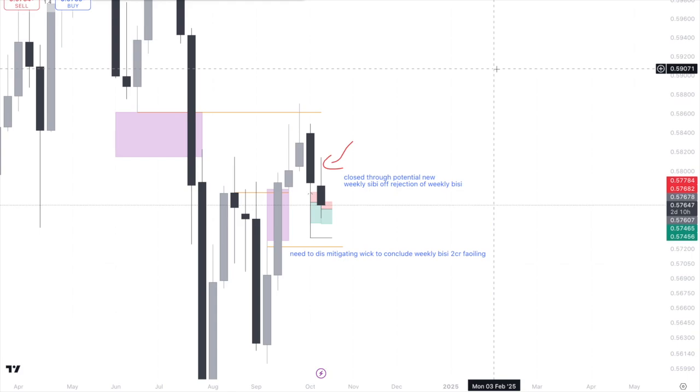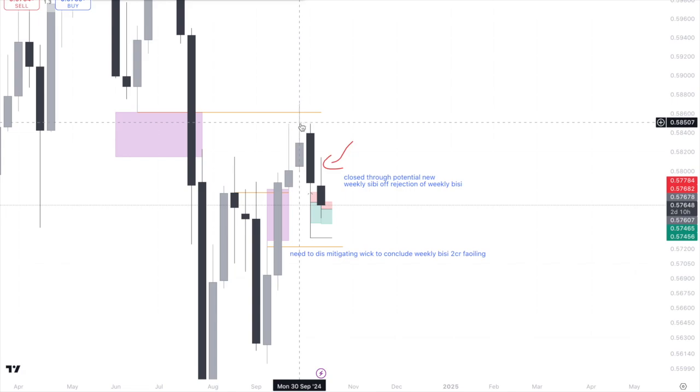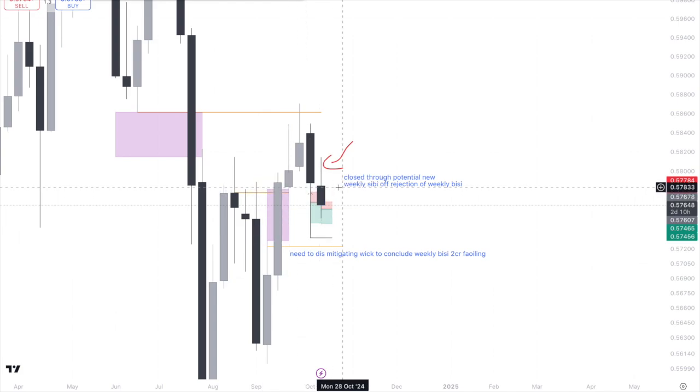But also another thing to note, which gives us some extra confluence here: if this 2CR off this was going to be even stronger and the rejection off here was going to be weaker, ideally we wouldn't have had this candle, which with that wick fails to make this fair value gap.